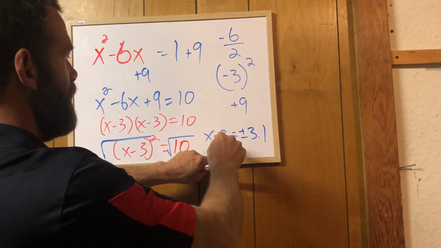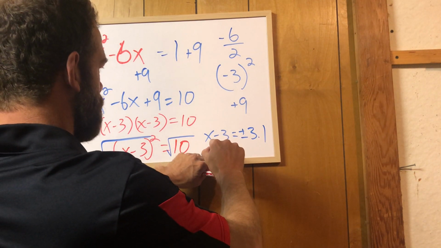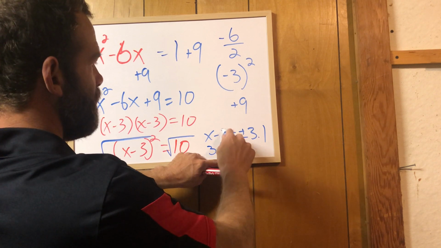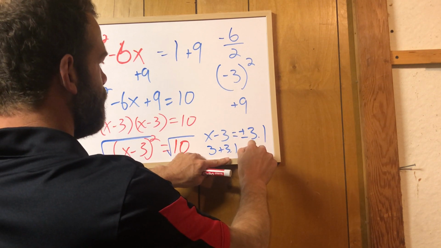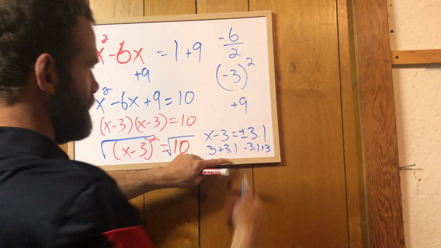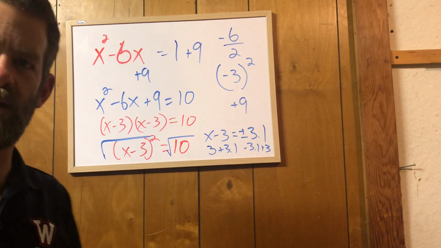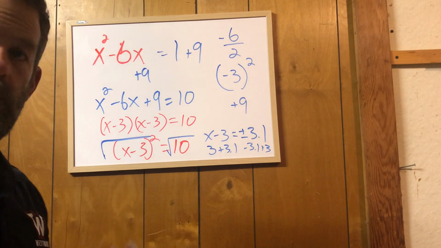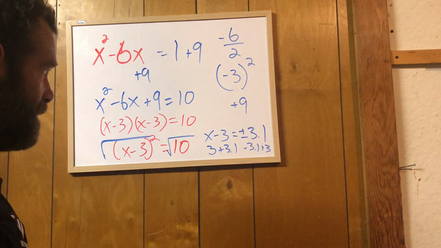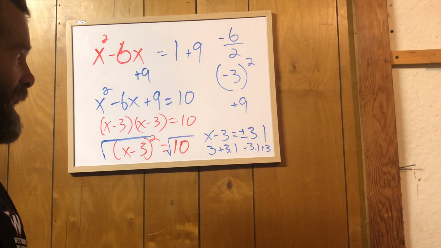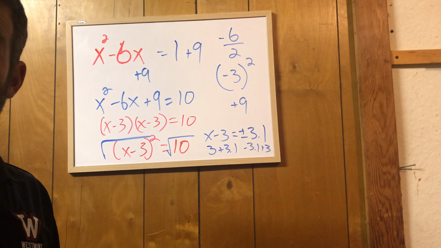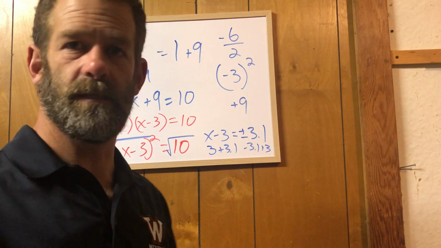So my roots would be, if I add 3, it would be 3 plus 3.1 comma 0, and negative 3.1 plus 3, whatever that is, so it'd be negative 0.1 comma 0. Anyways, those are your roots. Hopefully that made sense to you. If I went a little fast somewhere, go ahead and rewind it to see if it's going to make sense.